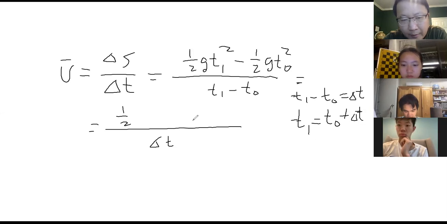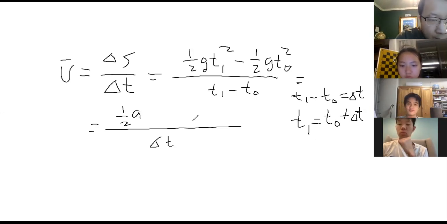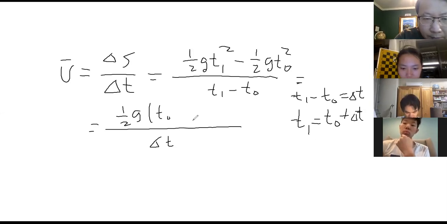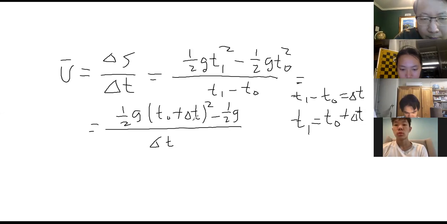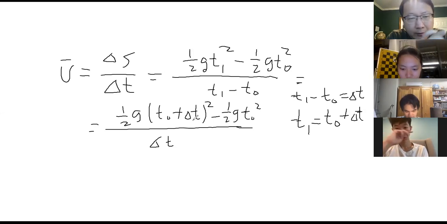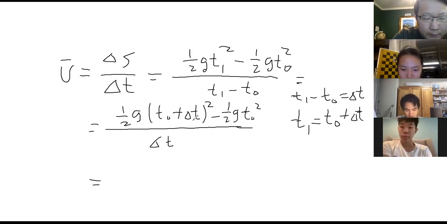Clear? No problem? Okay, now go. So this is 1/2 g (t0 plus delta t) square, minus 1/2 g t0 square, correct? Good. Can you calculate this one?